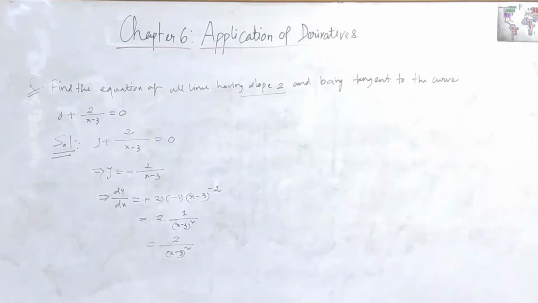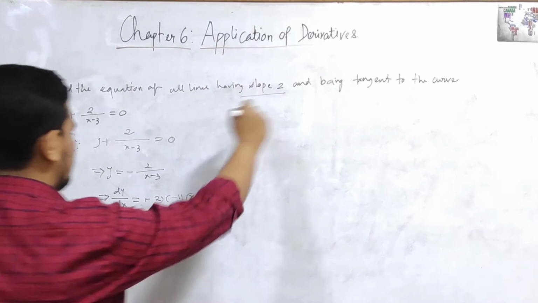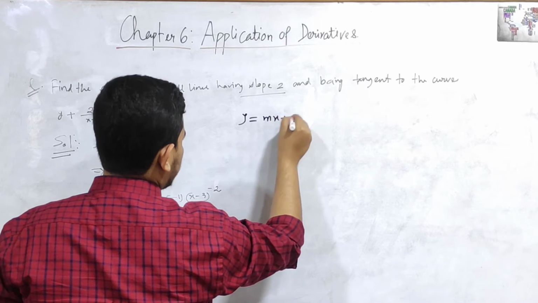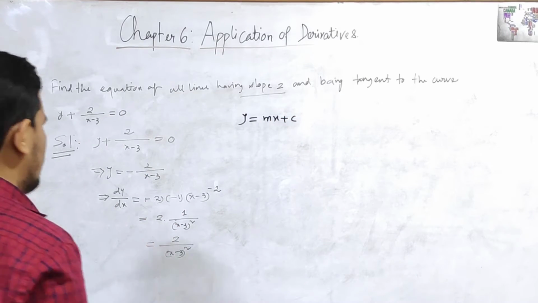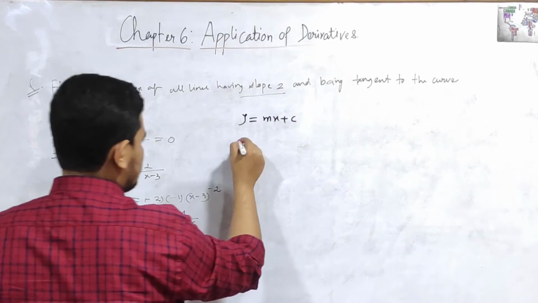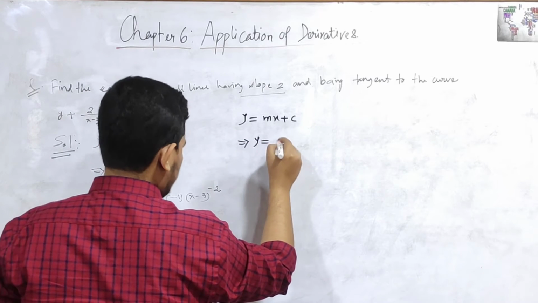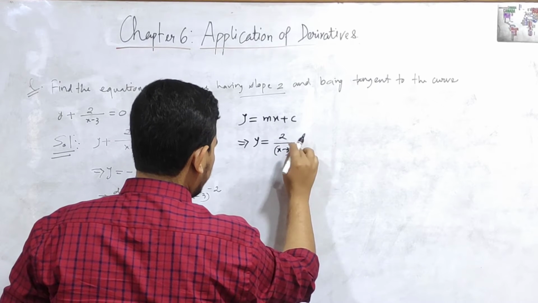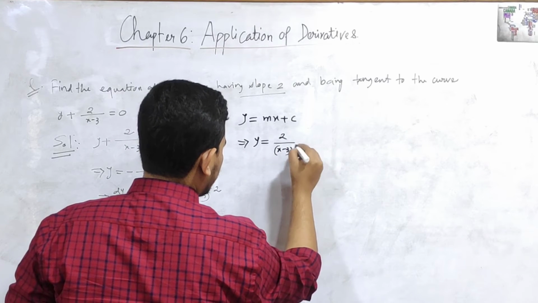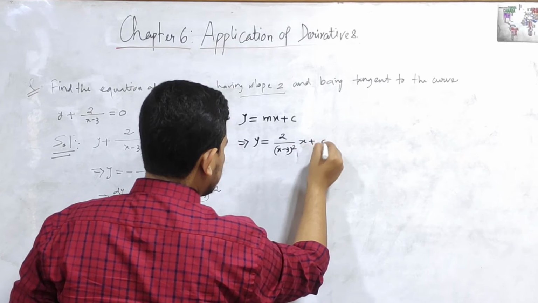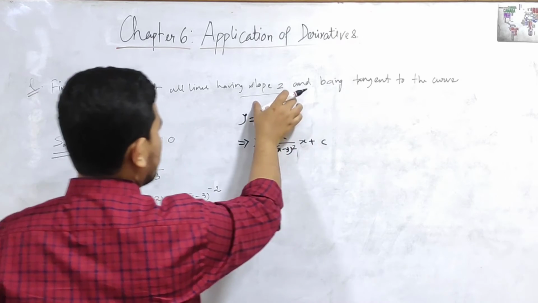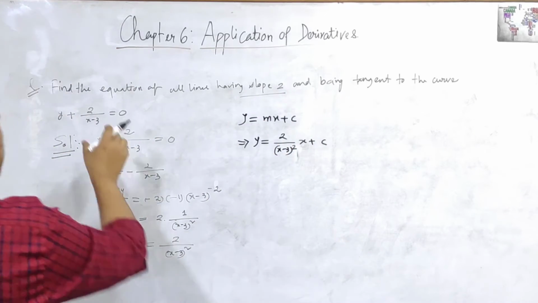Now I will determine the equation of straight lines having slope 2. Let's suppose y equal to mx plus c. Here I already found the slope, so y equal to 2 by x minus 3 whole square x plus c. Here the slope is 2, it is given, and the line is tangent to this curve.